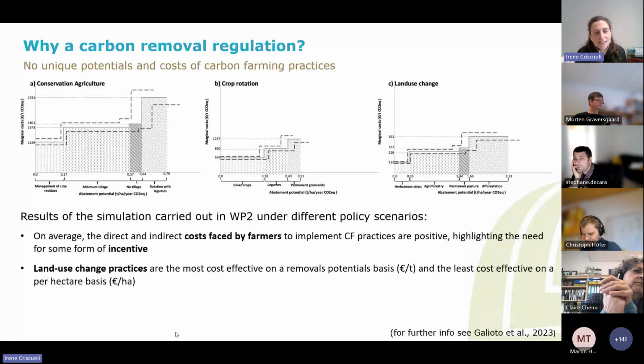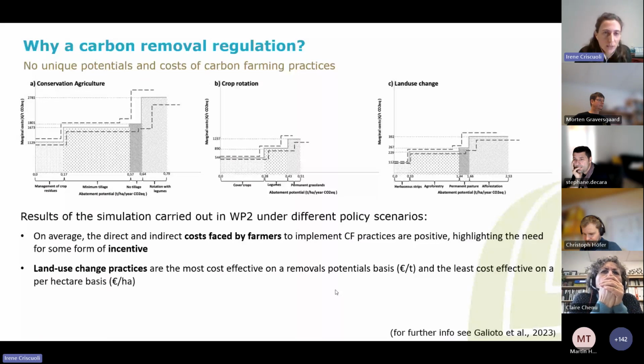Carbon credits can be one form of incentive. It is also interesting to observe that the most effective practices to achieve high carbon removals seem to be the land use change practices, meaning agroforestry, permanent pasture, and afforestation. But these are also the most expensive in terms of euros per hectare faced by the farmer.